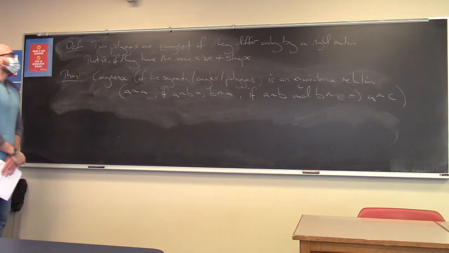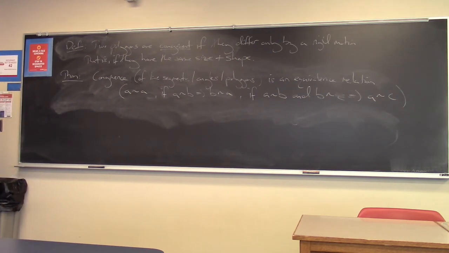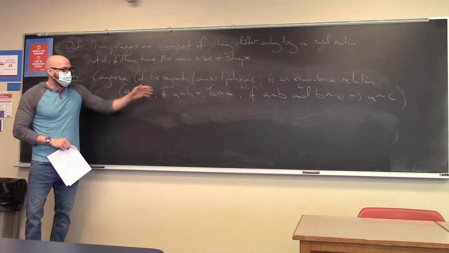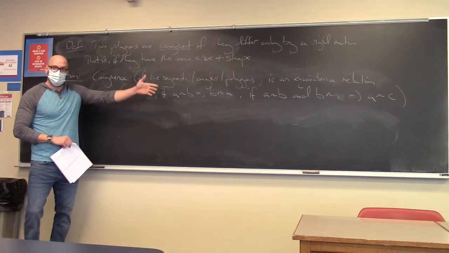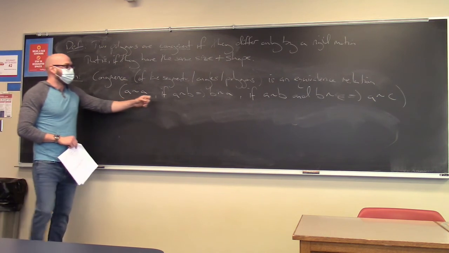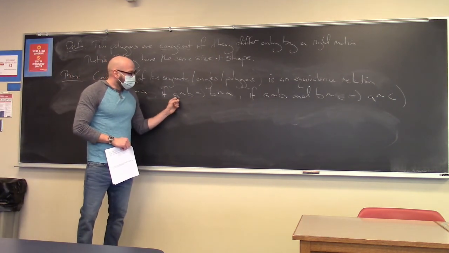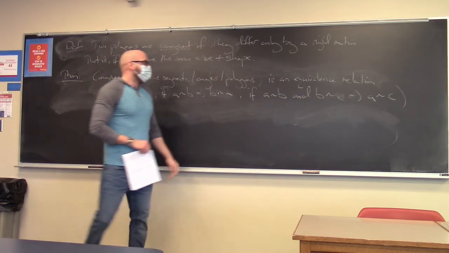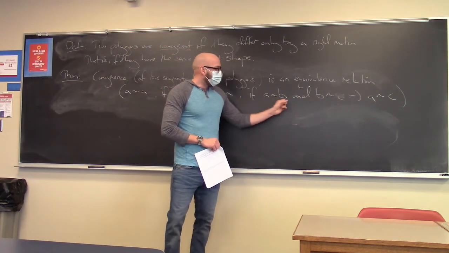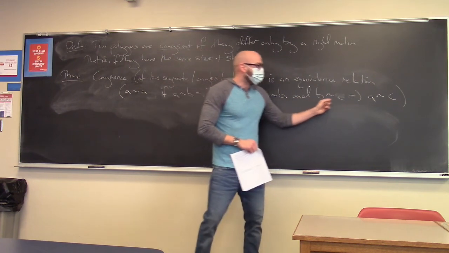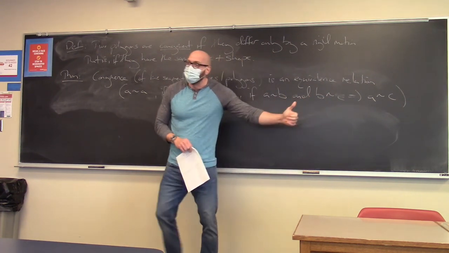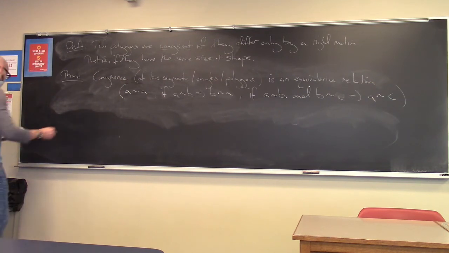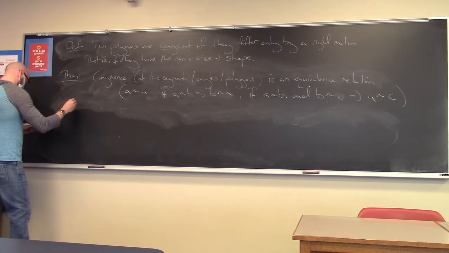So that's an equivalence relation in general. Here I'm saying every angle is congruent to itself if I'm talking about angles, or every polygon is congruent to itself if I'm talking about congruence of polygons. If polygon A is congruent to polygon B, then B is congruent to polygon A, right? And if A and B are congruent and B and C are congruent, then A and C must be congruent. So congruence works as nicely as you could possibly imagine.